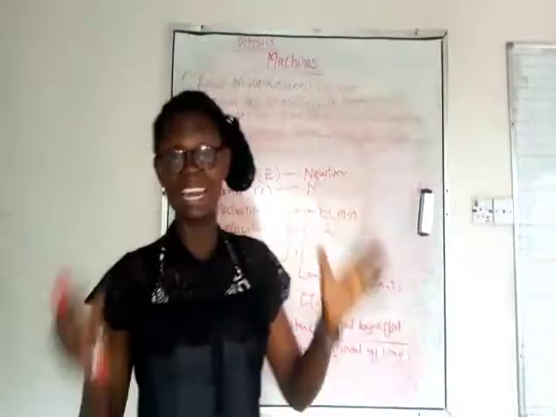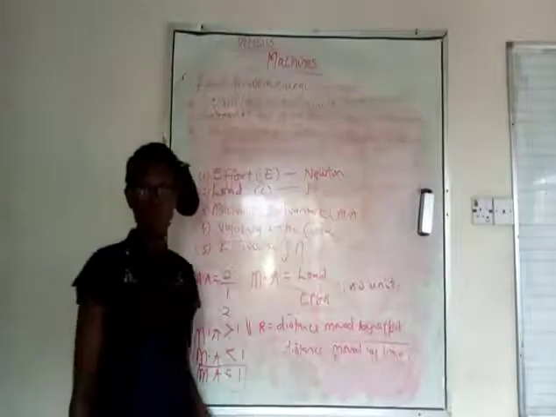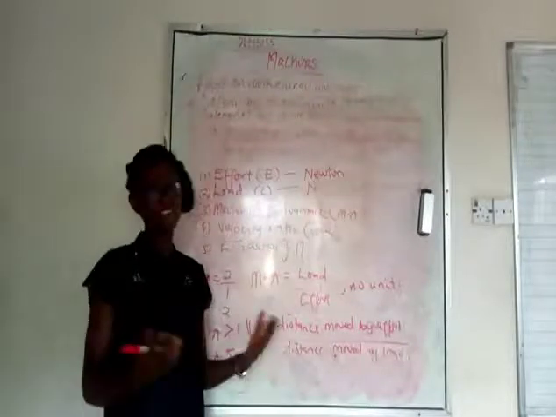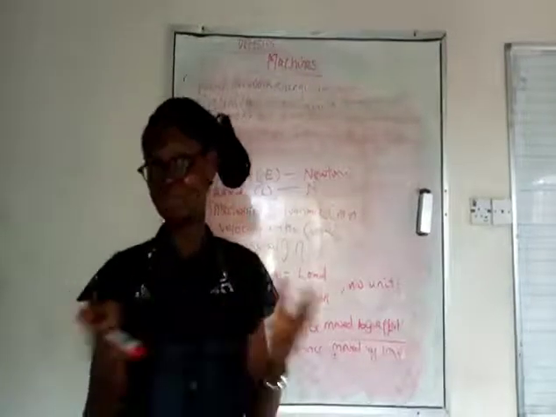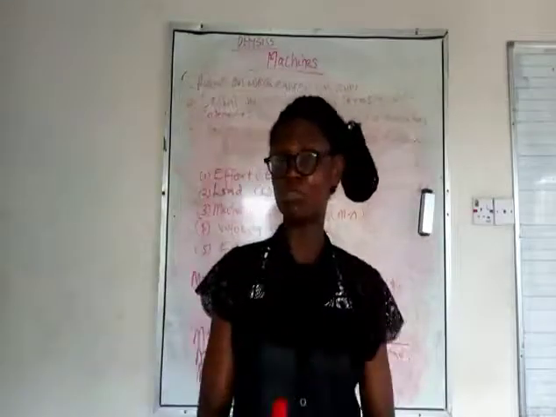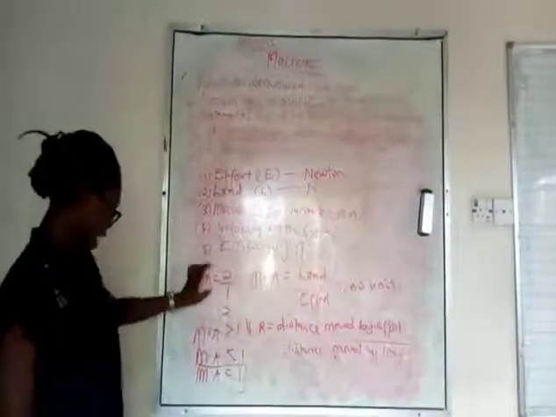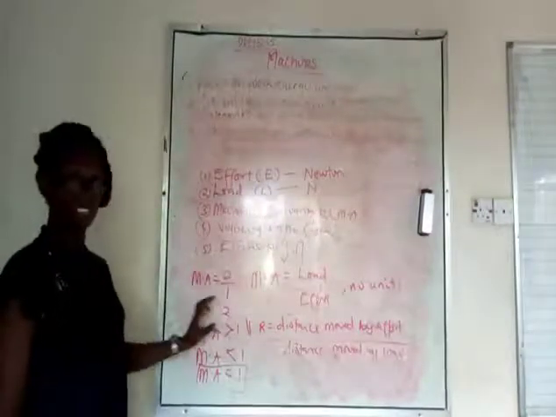In an ideal machine, the mechanical advantage is always equal to 1. But you know very well that you cannot have an ideal machine in practice, because friction must take place for you to even have mechanical advantage. So when the load is greater than the effort, mechanical advantage is greater than 1.